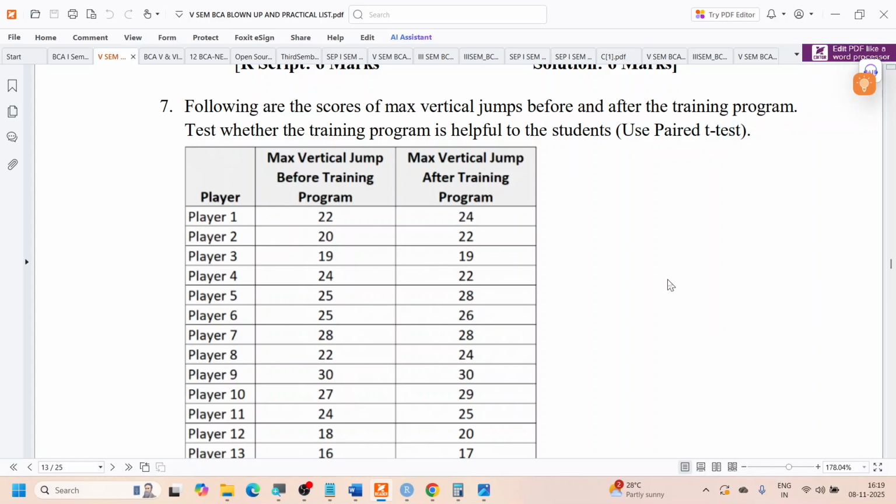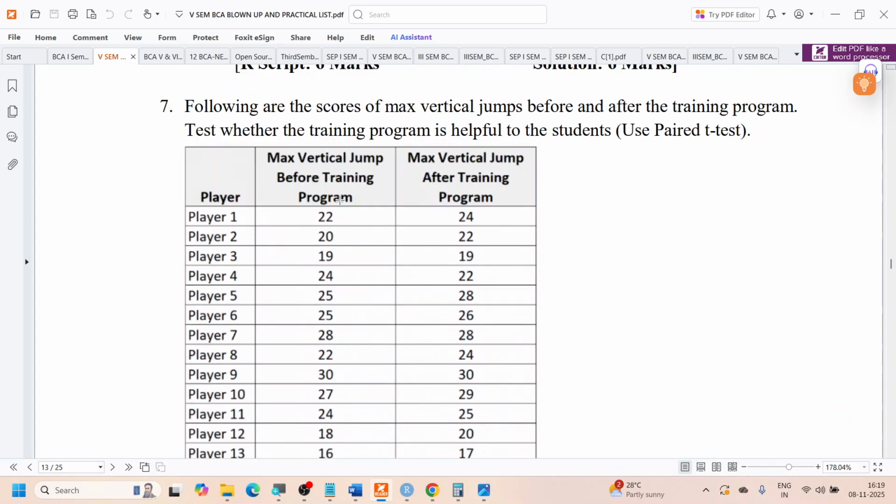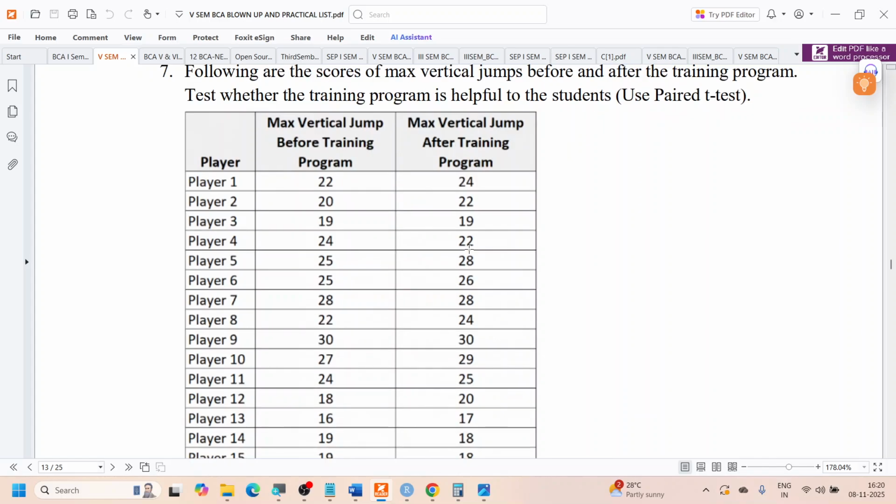So what has happened here is they have taken 20 students and calculated the maximum vertical jump before giving the training and after the students got the training. So the same students, before and after the training, had their maximum vertical jump calculated.